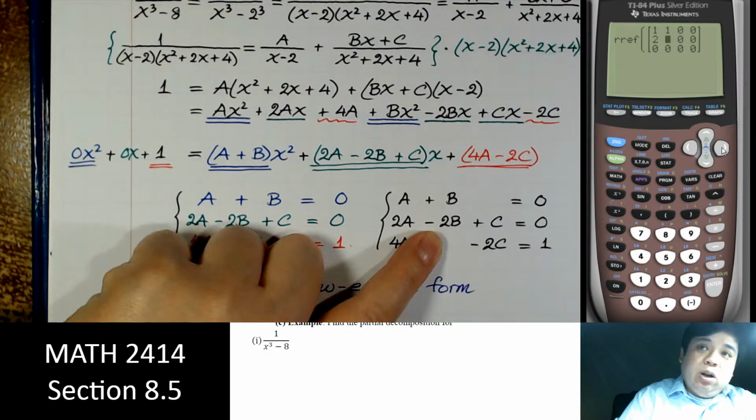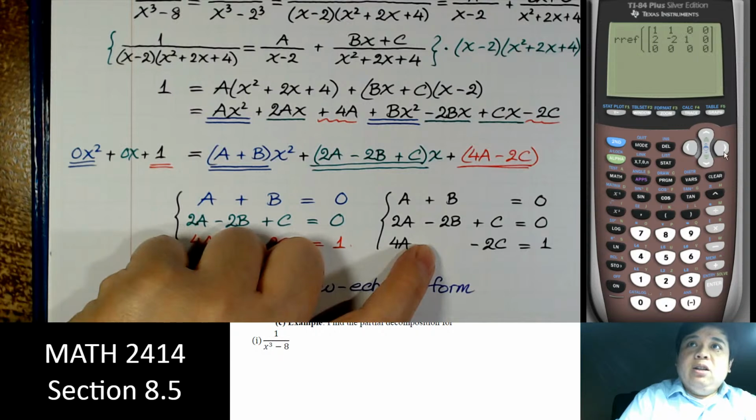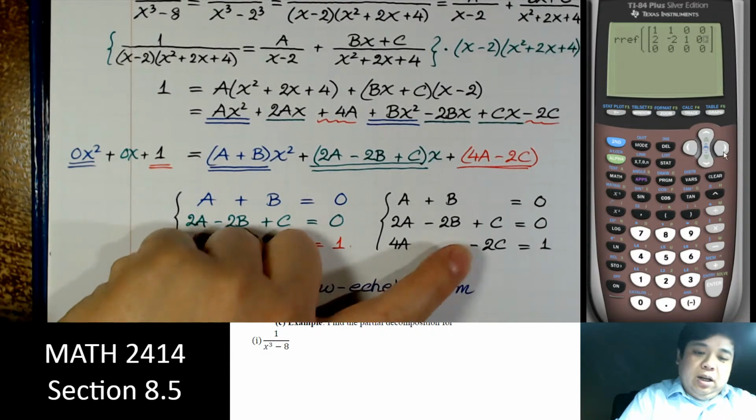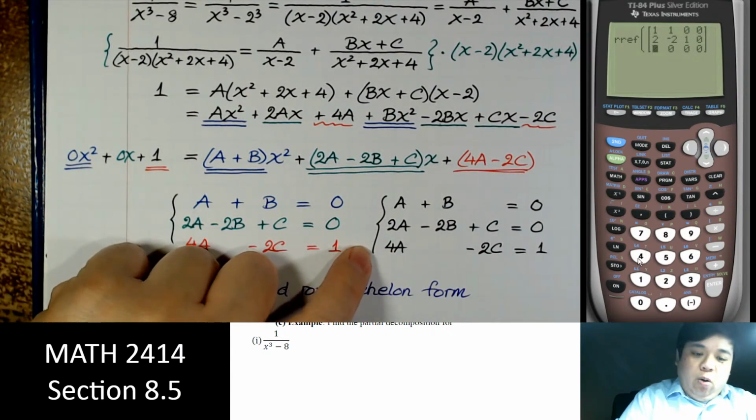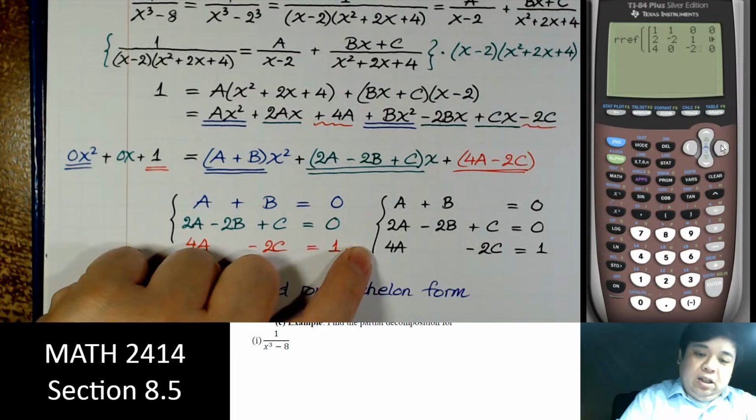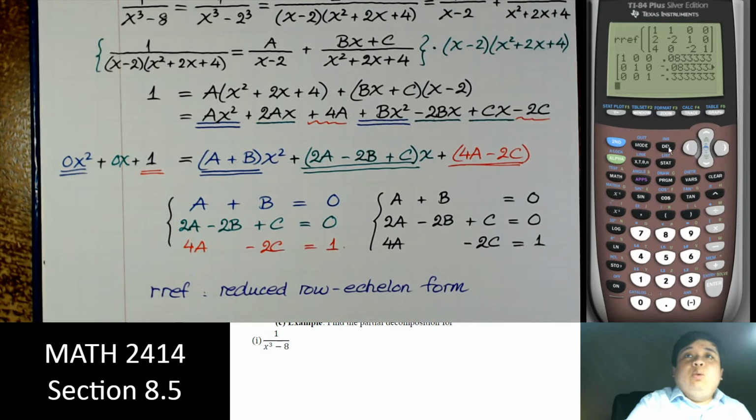For negative, we use this negative key, and don't use the subtract sign. And 1. And then 0. For A, minus 2C and 1.